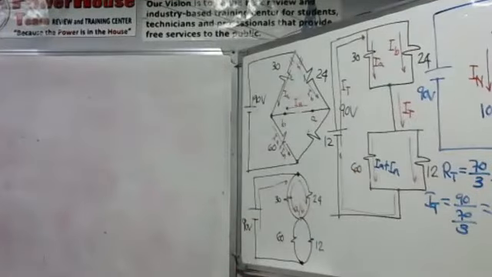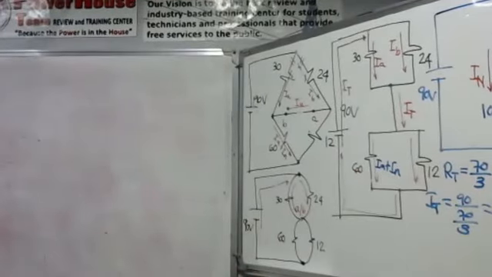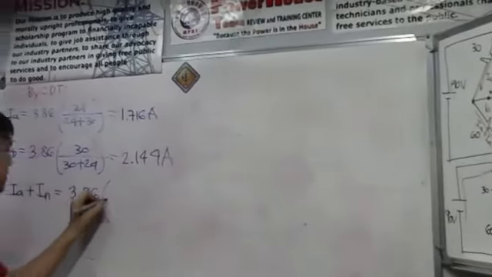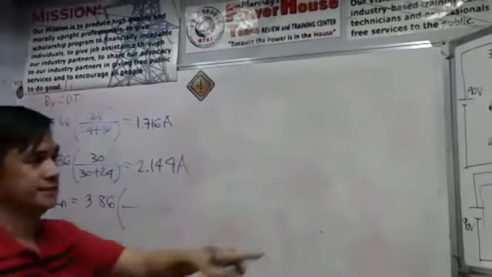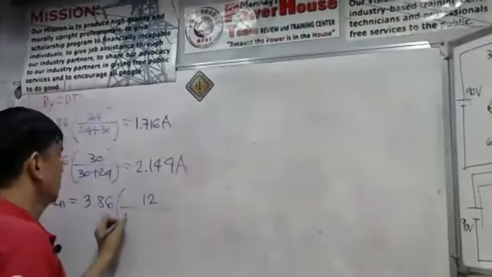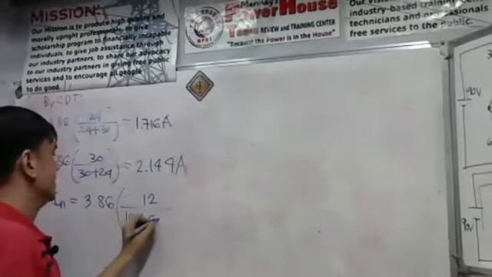So, we can use the I total, the resultant current, 3.86 multiplied by the opposite resistance, which is 12, all over 12 plus 60.